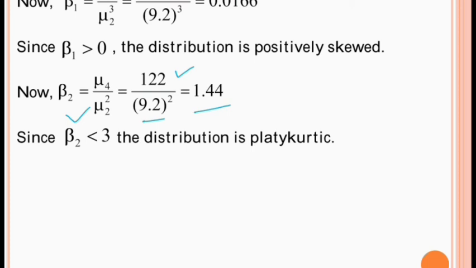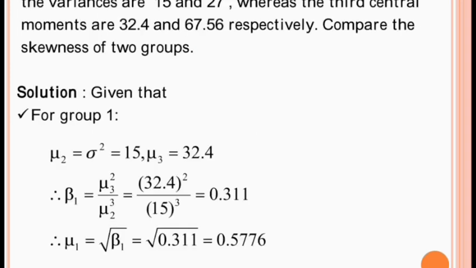Now here the condition was about beta 2 equal to 3, beta 2 less than 3 and beta 2 greater than 3, which we have discussed just before. So here beta 2 is less than 3. So the distribution is a Platykurtic distribution. So this example was regarding the classification of its distribution.